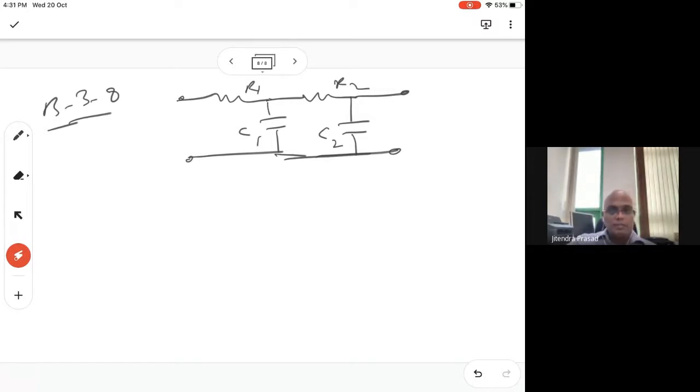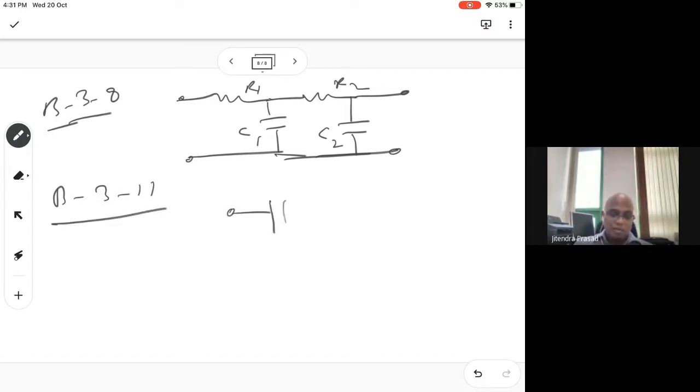11, 12, 13 now. Okay, so 11, 12, 13. Okay, now this is about operational amplifier, and here the equation looks like this. So 3/11 we are talking about, and this looks like this.